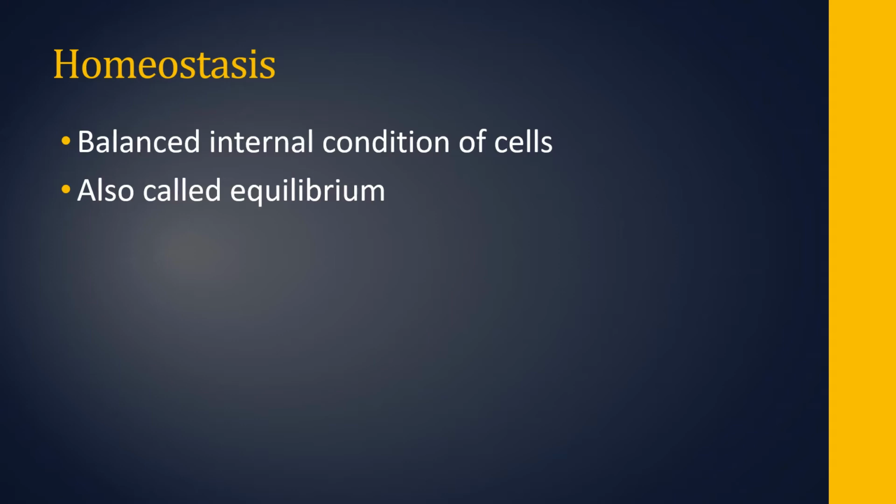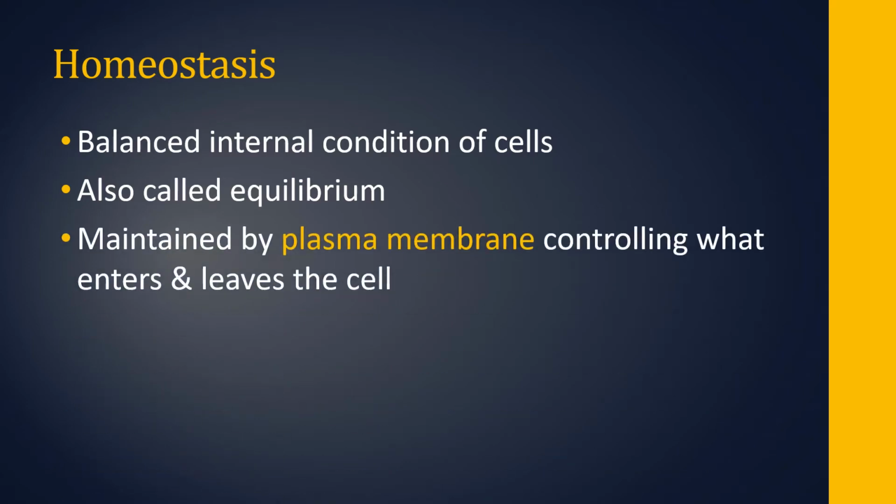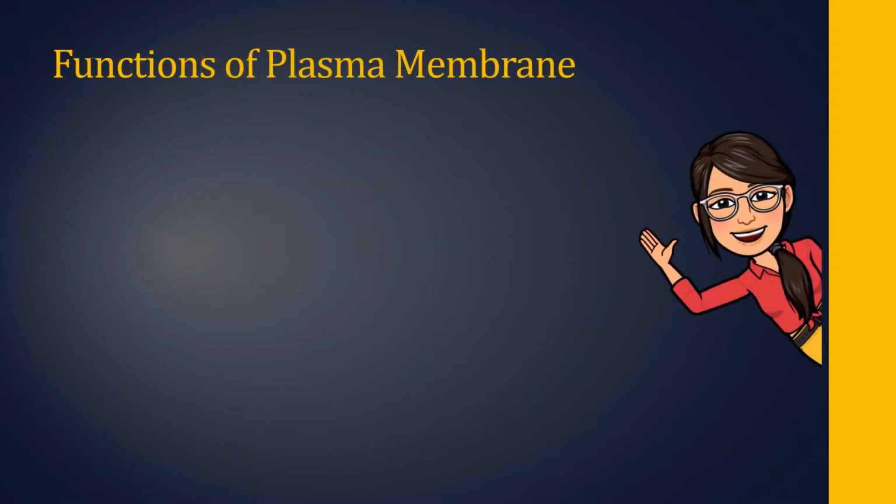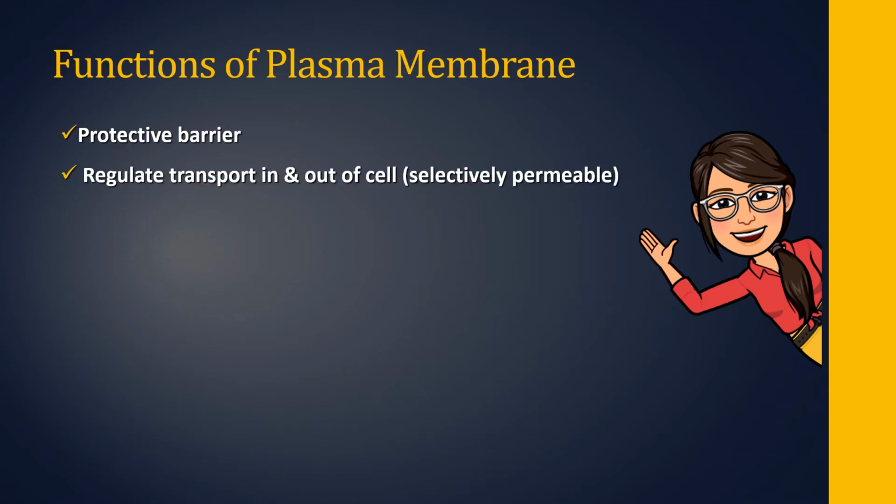Homeostasis is essential in the survival of a cell, and one of the structures that is primarily responsible for homeostasis is what we call the plasma membrane. Why? Because the plasma membrane is responsible for controlling what enters and leaves the cell. So what are the functions of the plasma membrane if you are going to recall it? First, it is a protective barrier.